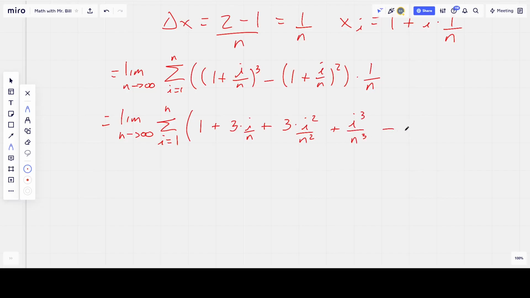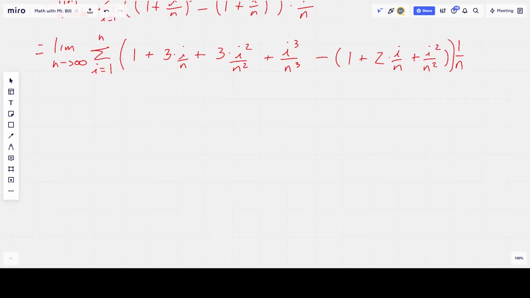And then minus, I'll keep this in parentheses right now, 1 squared plus 2 times 1 times i over n, so 2 times i over n, and then plus the last term squared, so i squared over n squared. And all of that is times 1 over n.